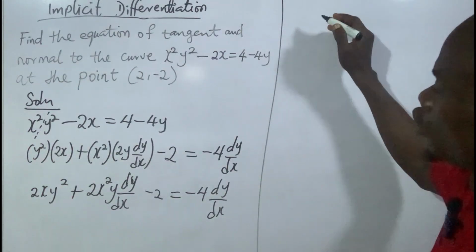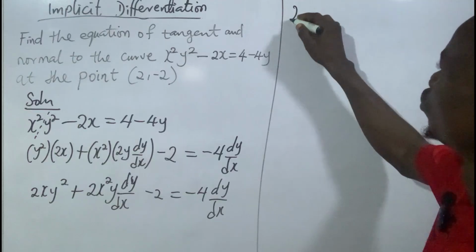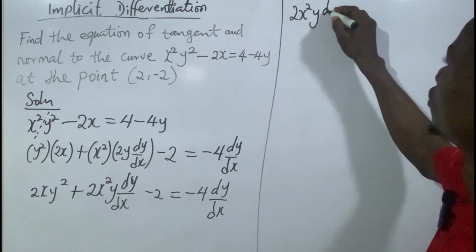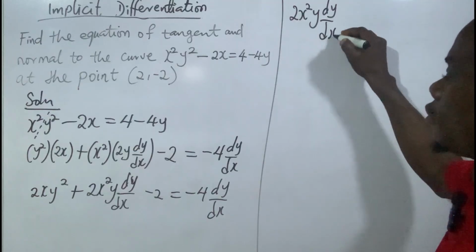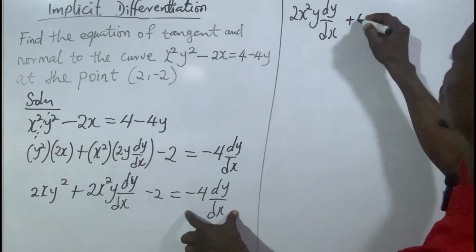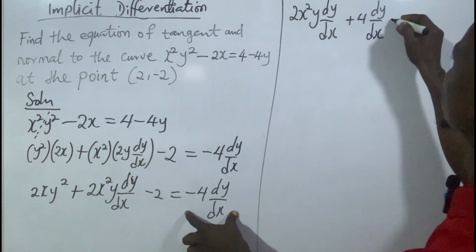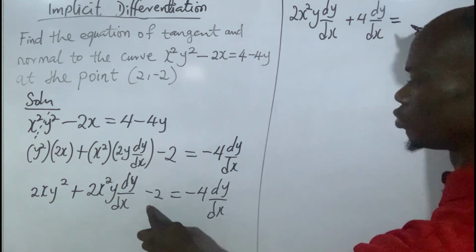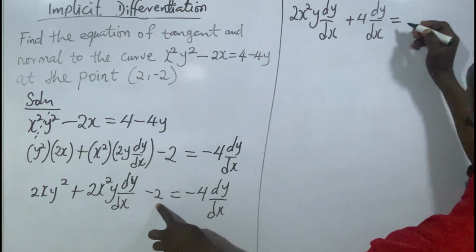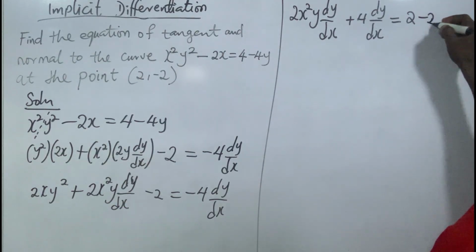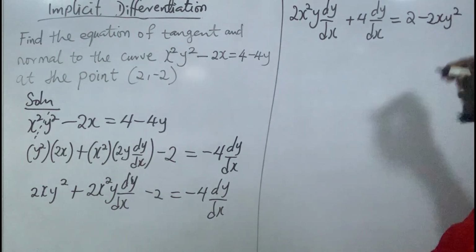So doing that, I'm going to have 2x squared y dy/dx. This will cross, we have plus 4 dy/dx equal to, these two are coming over, minus 2 crosses, you have 2 minus 2xy squared.